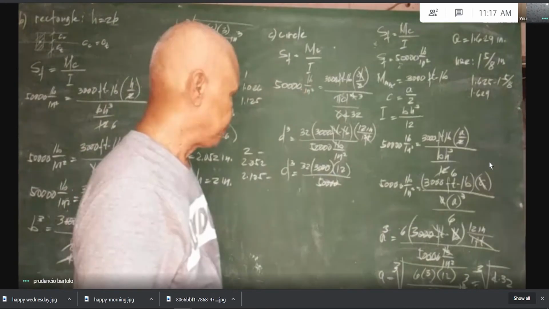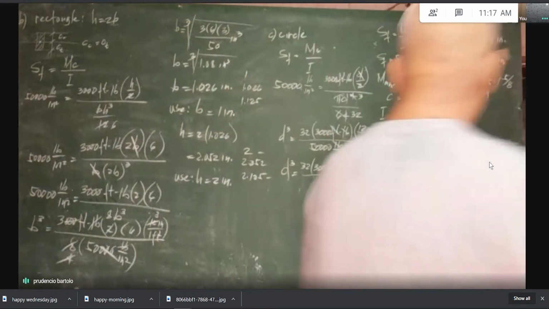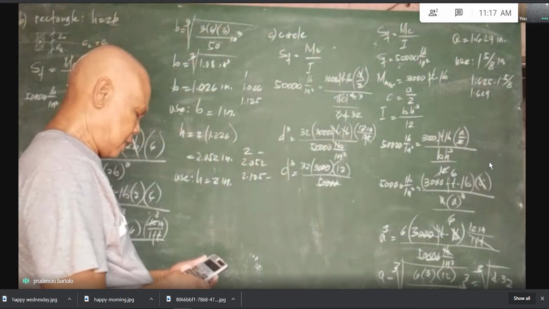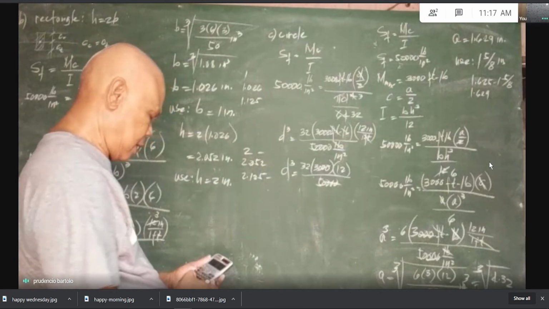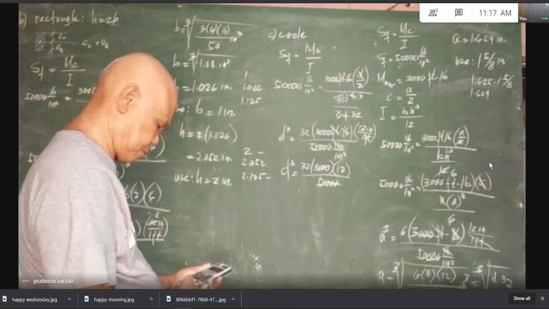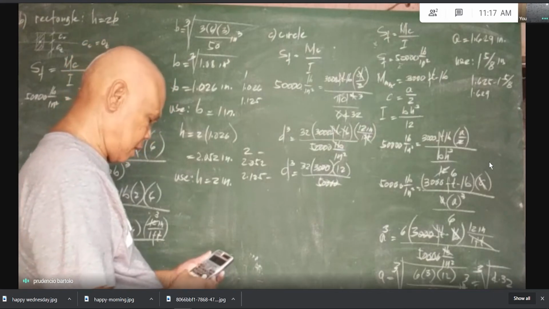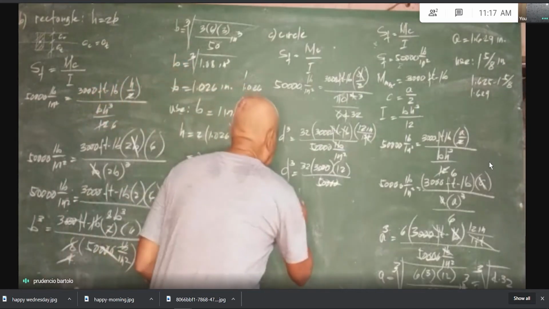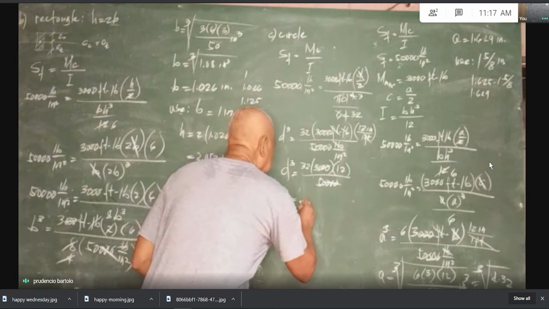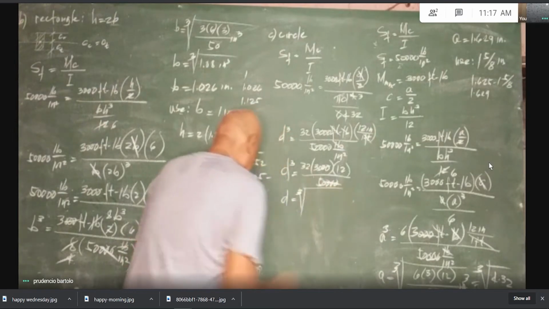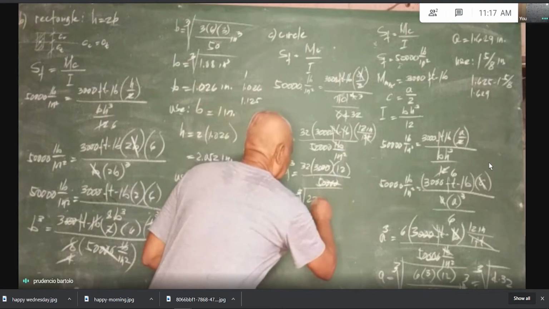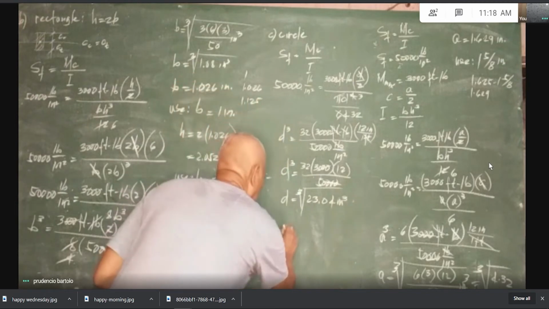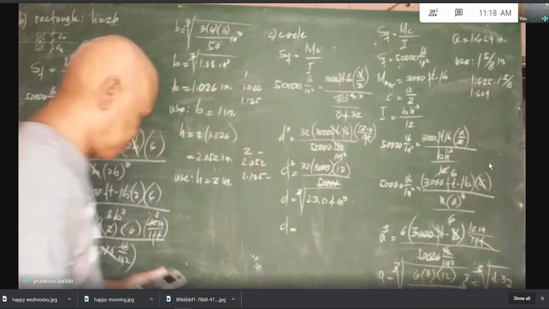So that is now 32 by 3 by 12 divided by 50. D now is equal to the cube root of 23.04 inch cube.